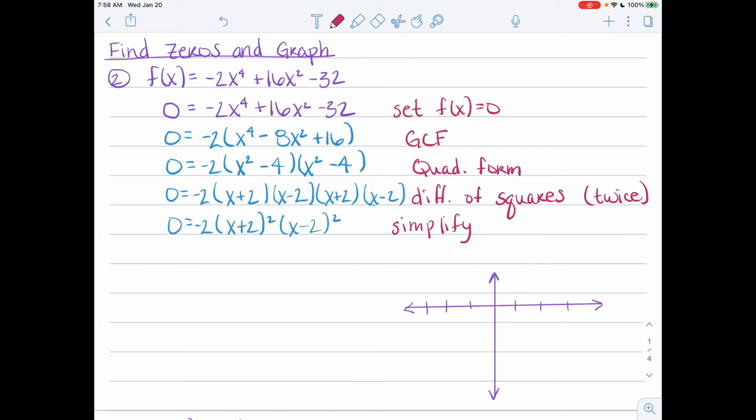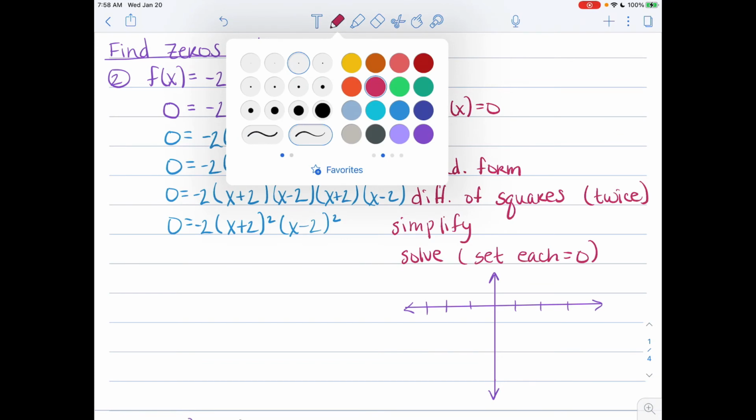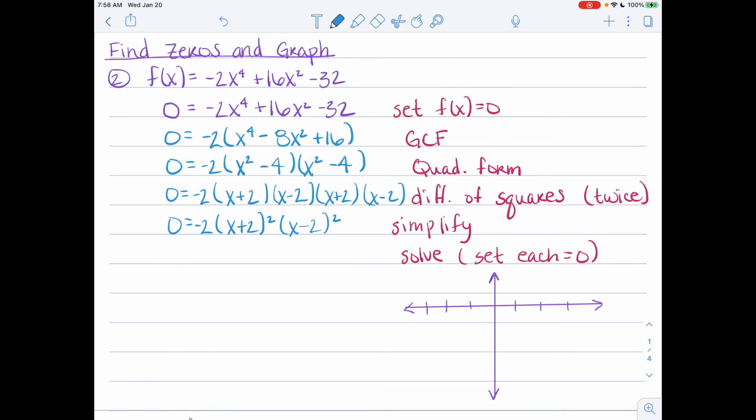And then finally I'm going to solve, or set each piece equal to 0. All right, well, if I set negative 2 equal to 0, that doesn't make any sense. In fact, if you wanted to think of it this way, you divide both sides by negative 2, and 0 divided by negative 2 will still be 0. So let's do the other pieces, the ones that actually have variables to solve for.